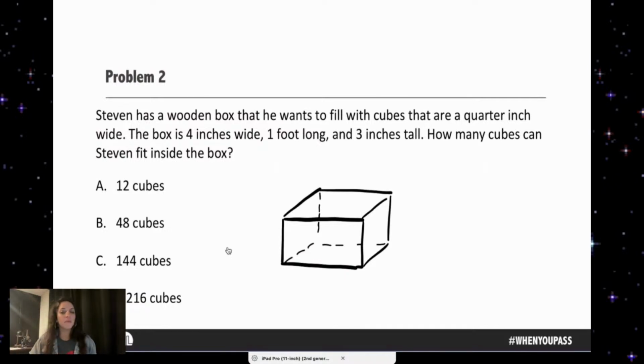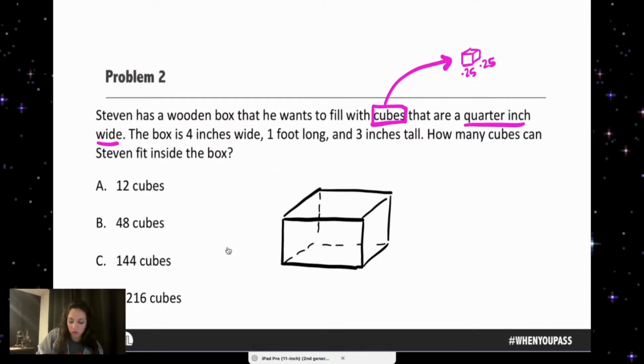So he has this wooden box and he wants to fill it up with 1/4 inch cubes. So that means he wants to fill it up with cubes that are 1/4 inch wide. And because they are cubes, we know all of the sides are the same size.